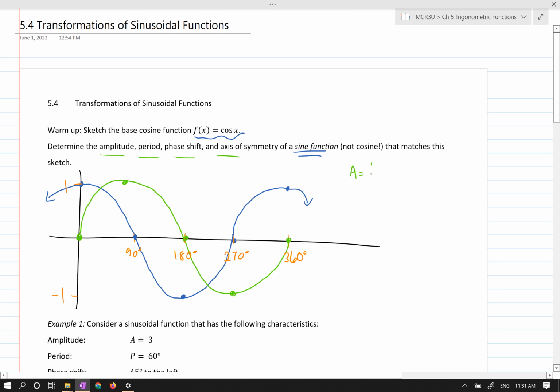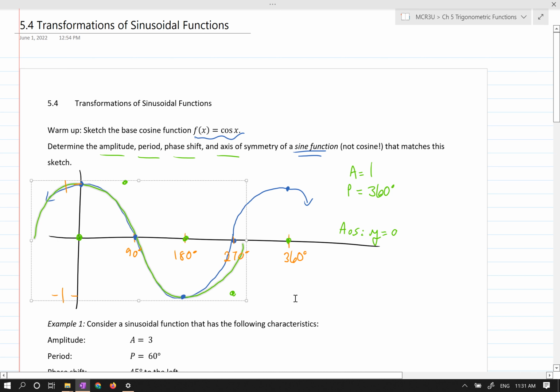So my amplitude is going to be 1. My period is going to be 360 degrees. My axis of symmetry is going to be where y equals 0. And then all I need is my phase shift. I can accomplish this by translating this function horizontally over.